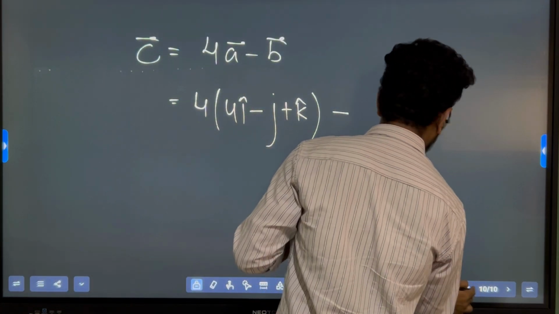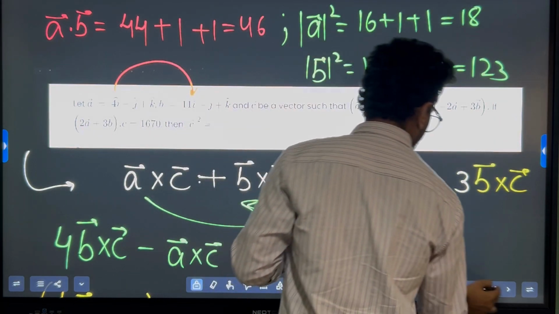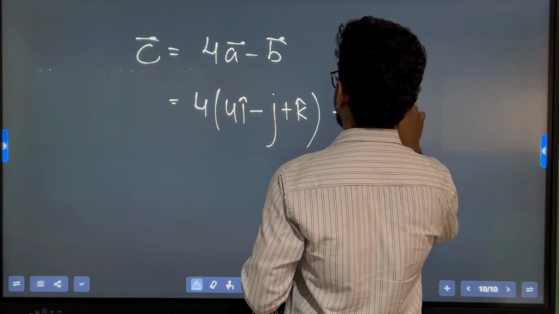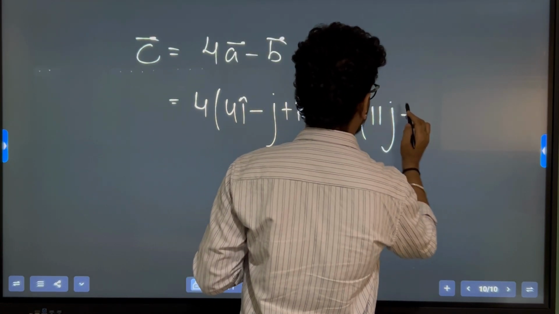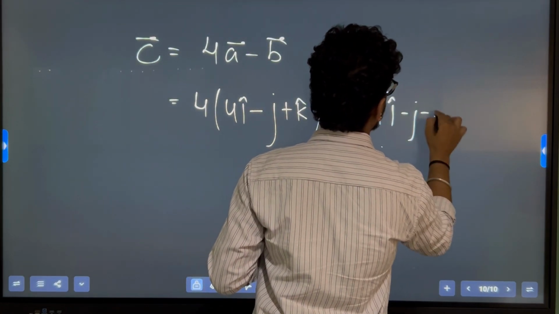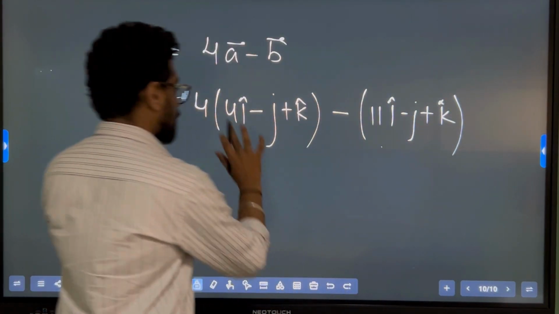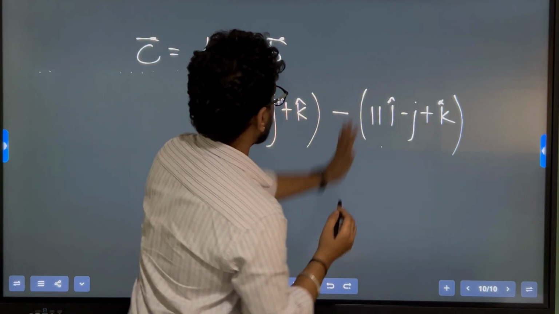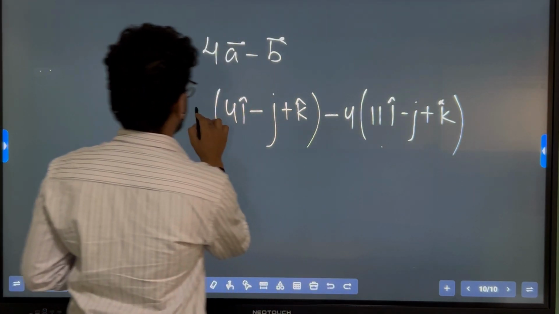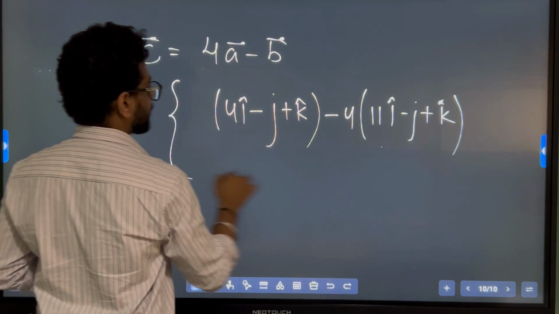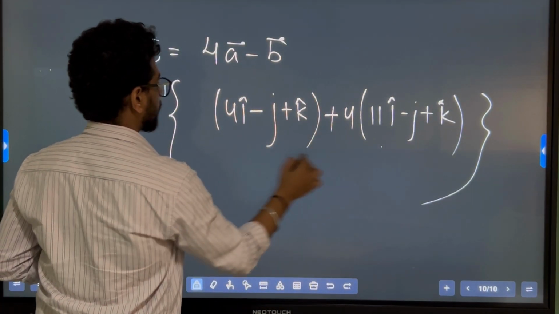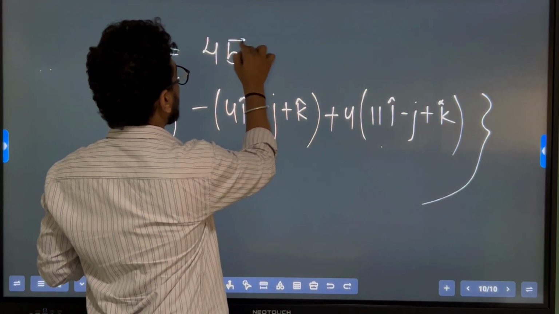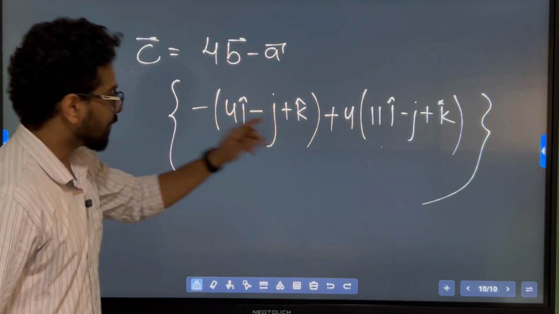Minus, what is b? b is 11i minus j plus k. My bad, because I switched the thing. Actually, it should be 4b minus a vector. Okay, this is what we are having.